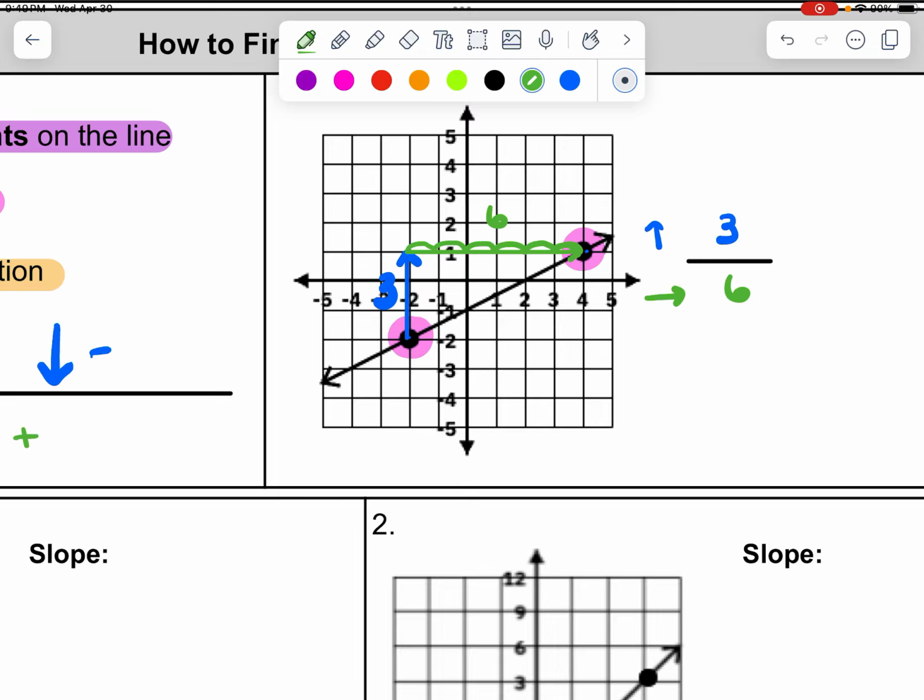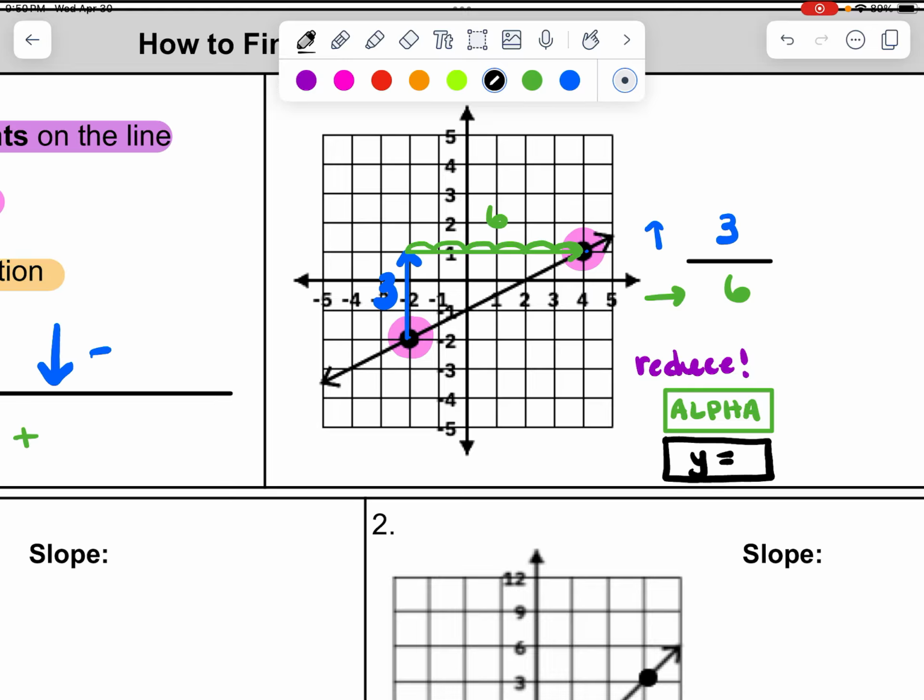Now, the last thing we always need to do is reduce. Reducing means simplifying this fraction. On your calculator, you're going to hit alpha, which is the green button. Then you're going to hit y equals, which is in the upper right-hand corner of the screen.